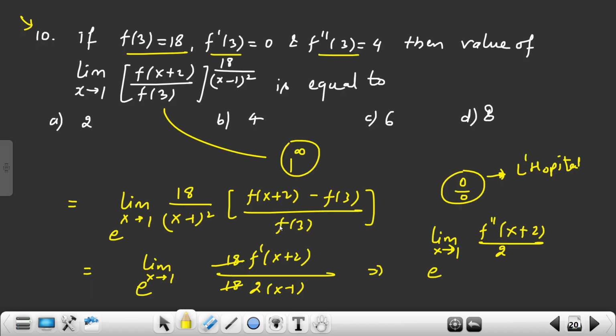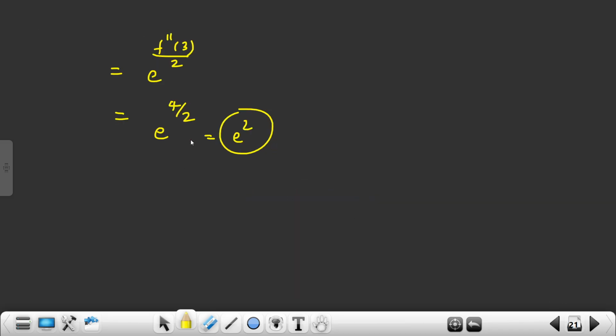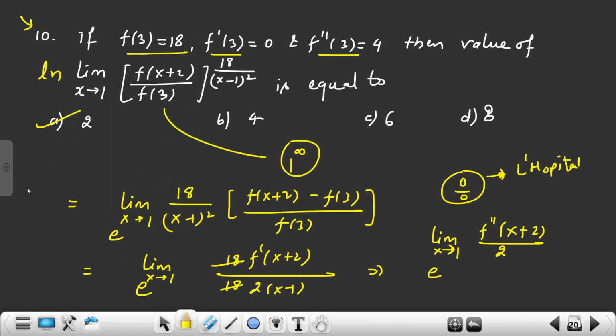So I think something is wrong here. Basically, maybe there was an ln in this value. So if I assume ln here, ln e square, so the value is 2 ln e. Ln e is 1, so the answer is 2. It is memory based, so maybe some mistakes will be there. When the response sheet comes, then we'll come to know the exact questions.